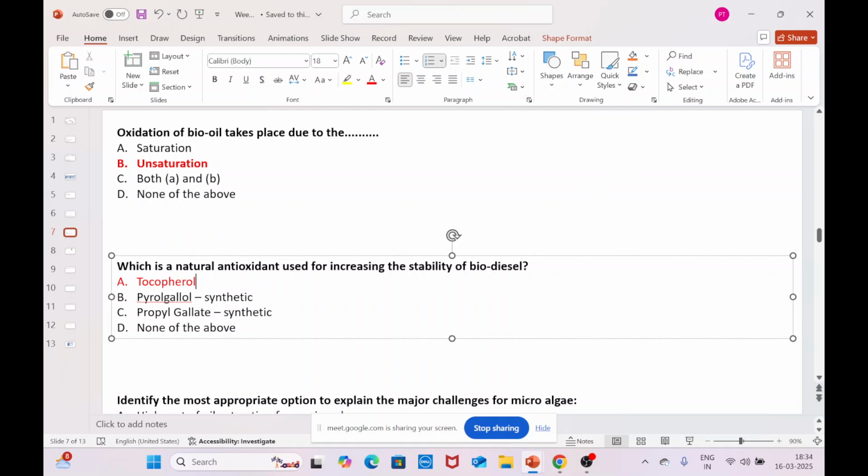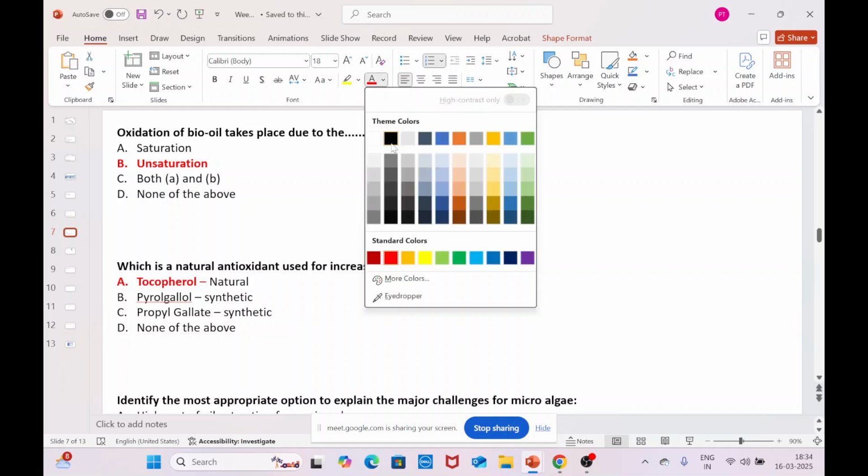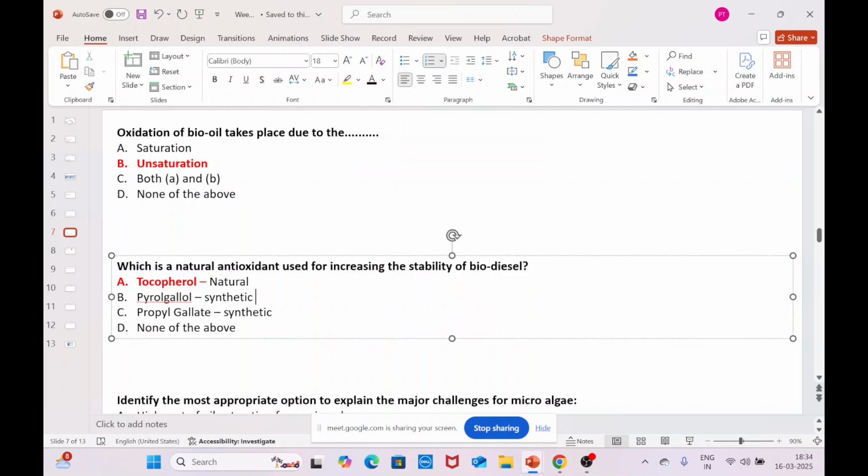Tocopherol is natural. So apart from tocopherol, what other natural antioxidants can be used? Vitamin E.